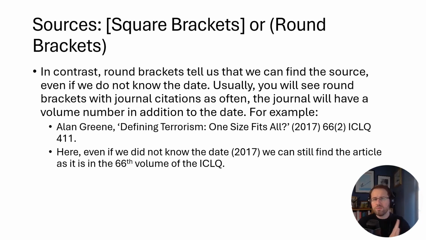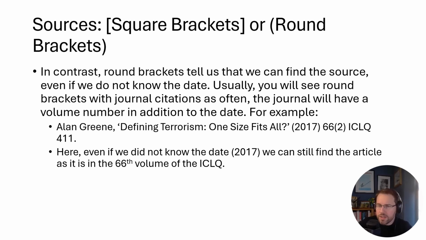You can contrast this with round brackets. Round brackets are telling you the date, but they're also telling you that you can find that source even if you don't know the date. Usually you will see round brackets with journal articles, because very often journal articles will have a volume number in addition to the date. If we look at that previous example of the International and Comparative Law Quarterly from 2017, it was also published in the 66th volume.